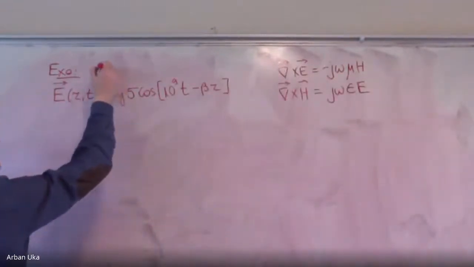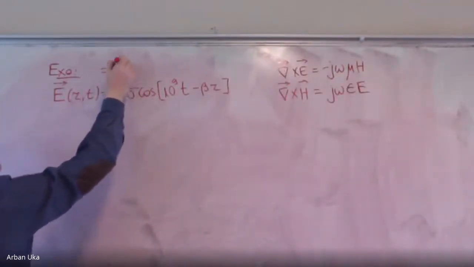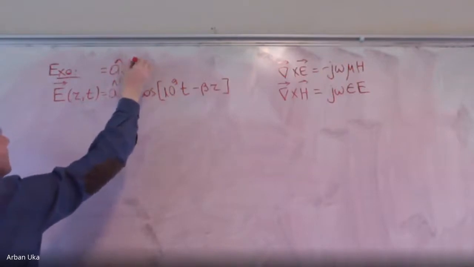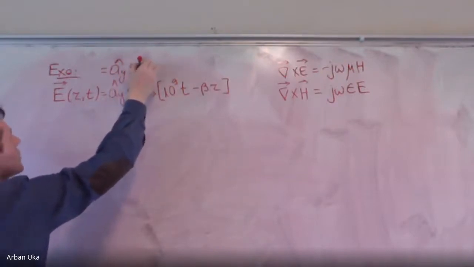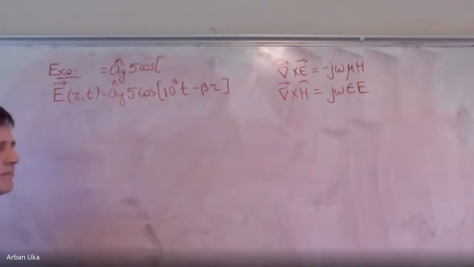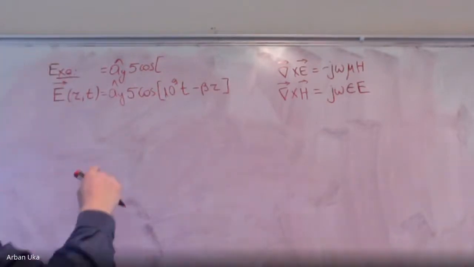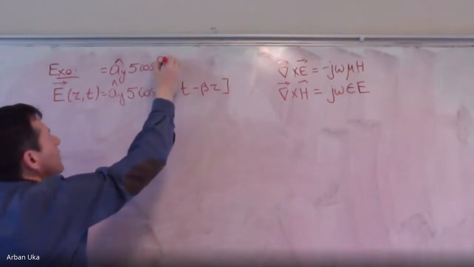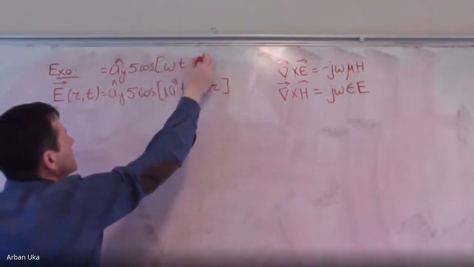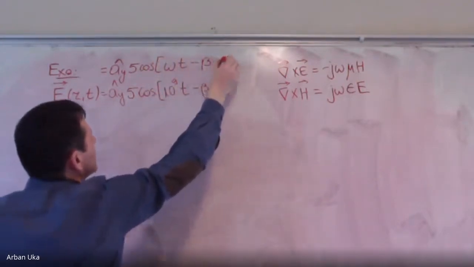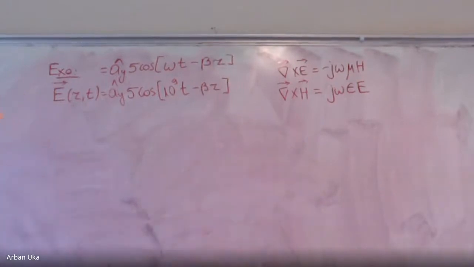This is on the top. Let's write this. So phi is the amplitude. Cosine, which has a limit from plus minus 1, is always going to be equal to omega t minus beta z. Okay? So at this moment, what is omega?